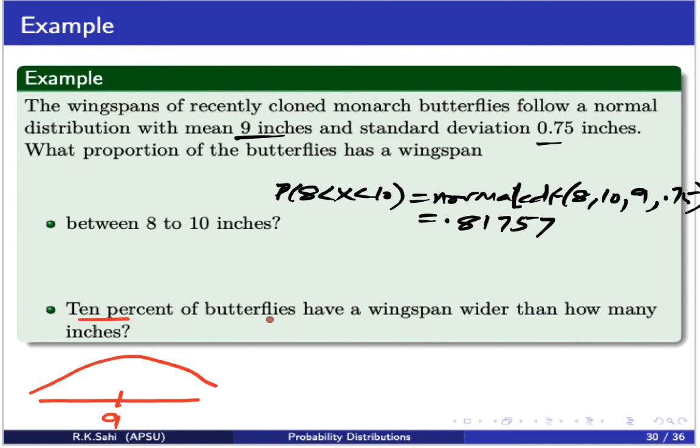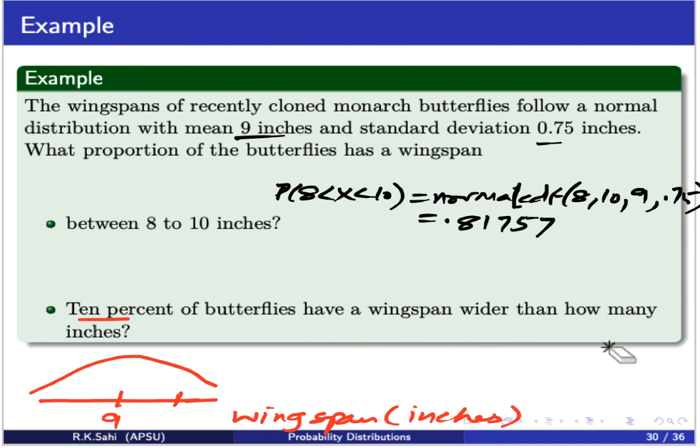Remember, this horizontal line represents the wingspan length, the length of the wings of the butterfly, in inches. So it is x.